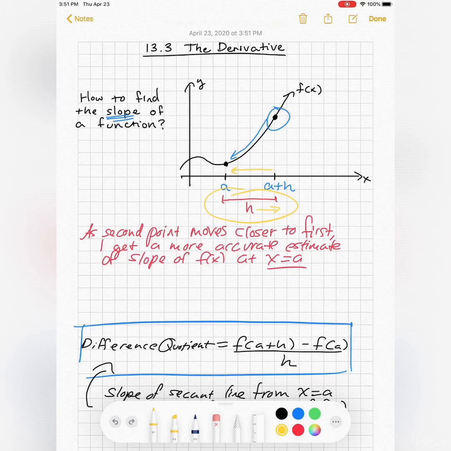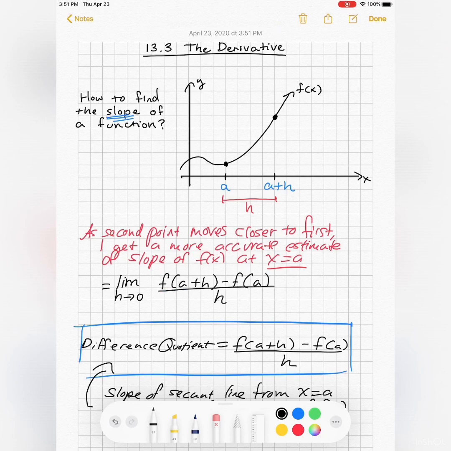So what if I write this out mathematically then? And I say, okay, so what if I find the limit as h goes to 0 then of this difference quotient? So actually, once I evaluate that limit as h goes to 0, I'm saying now the second point has moved all the way over to the first point. The h has become 0.